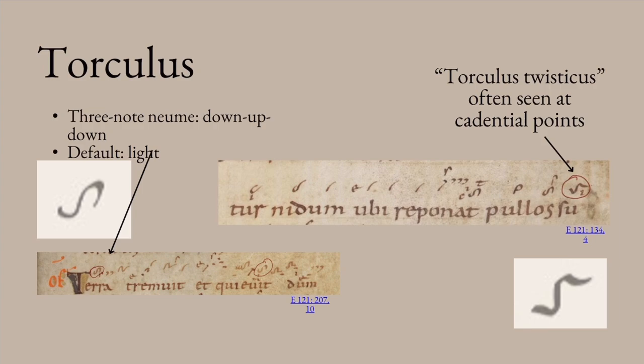But for just a basic understanding of the neumes, the other torculus that's really important is what a dear friend of mine once called the torculus twisticus. It's not its official name, but it's fun to say. You often see this at cadential points in the chant. The first note is not really changed, but the second and the third notes are emphatic.